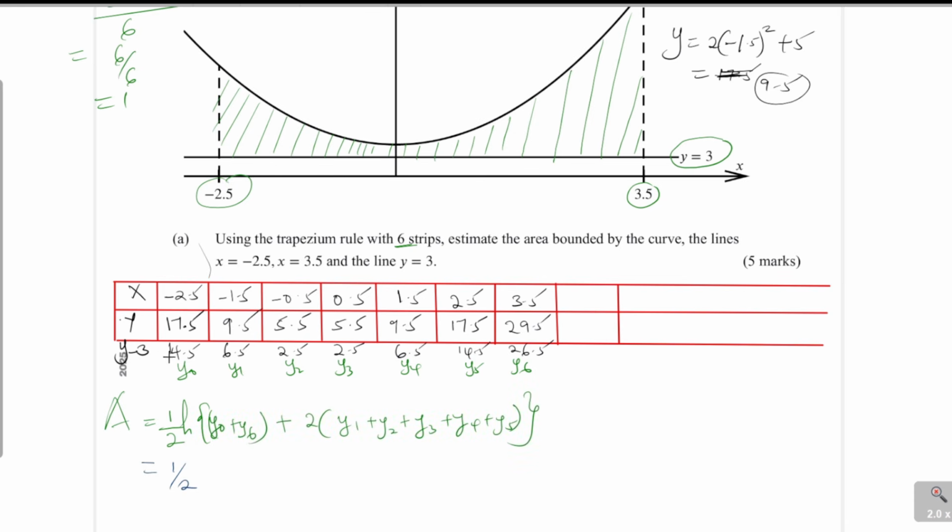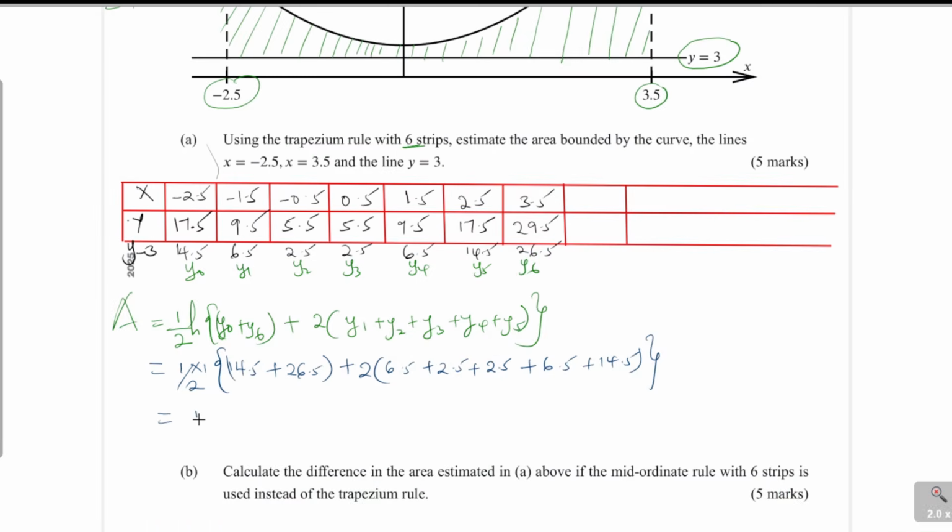The height is 1, then y0 is 14.5, plus the last one, y6, 26.5, then plus twice the sum of all the others in the middle. You're beginning from 6.5 plus 2.5 plus 2.5 plus 6.5 plus 14.5.